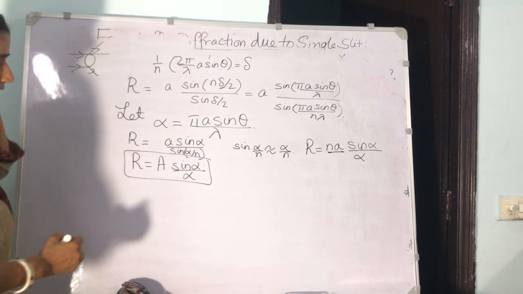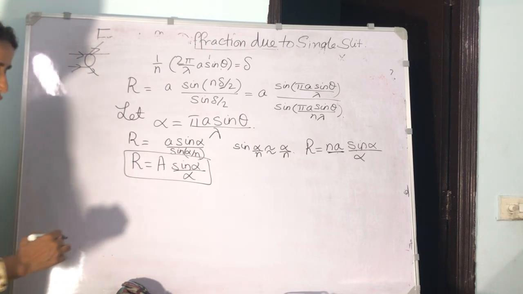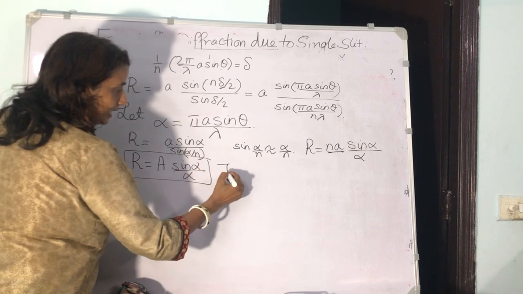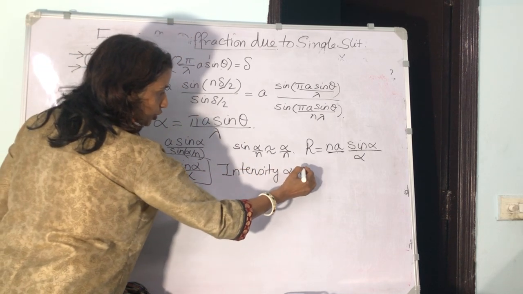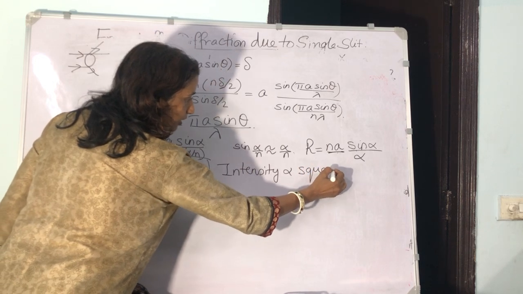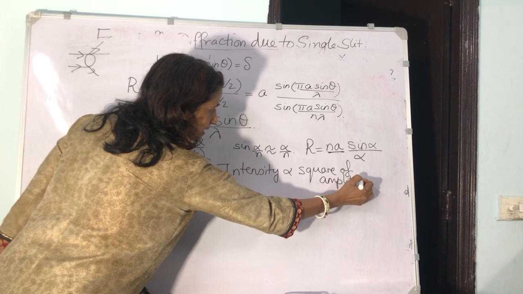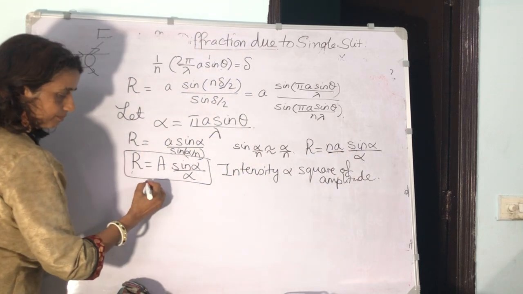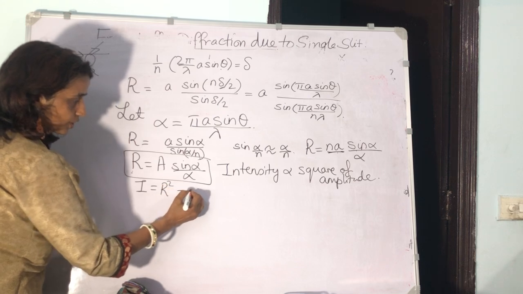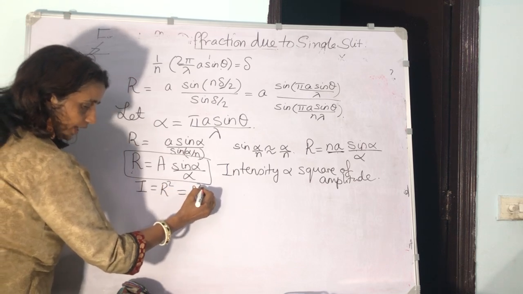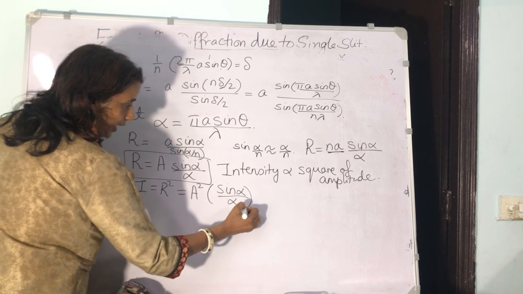Now the intensity is proportional to the square of amplitude. So the intensity expression becomes I is equal to R square, which is equal to A square sine alpha upon alpha square.